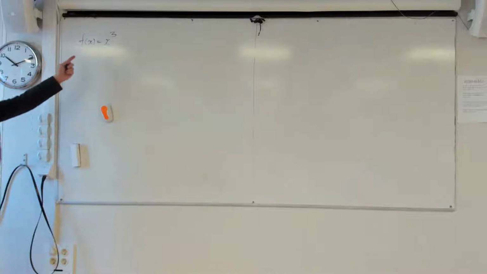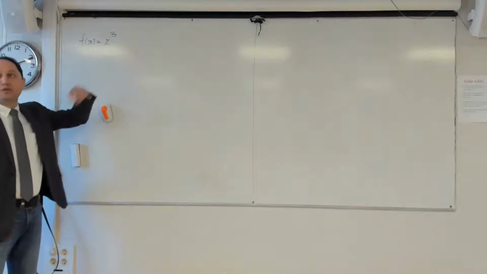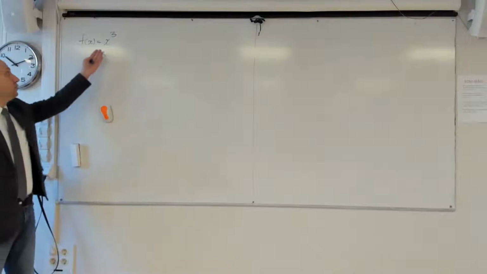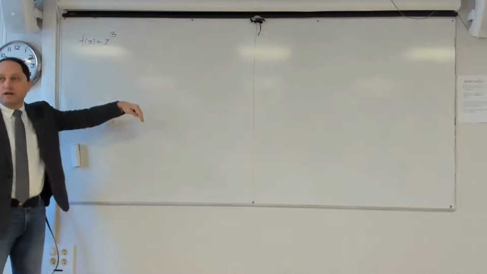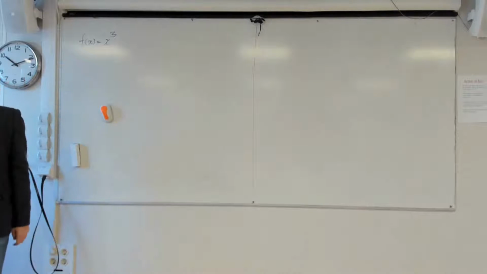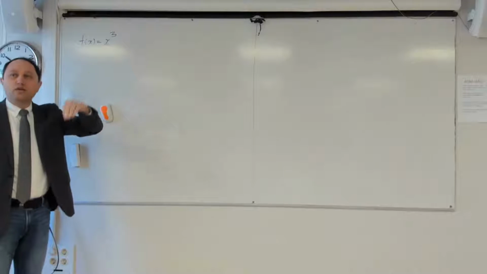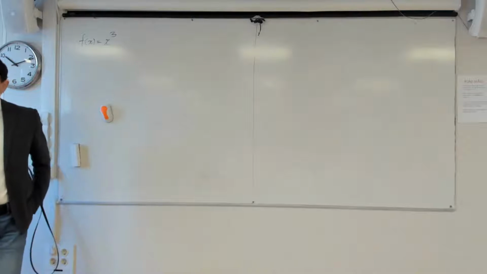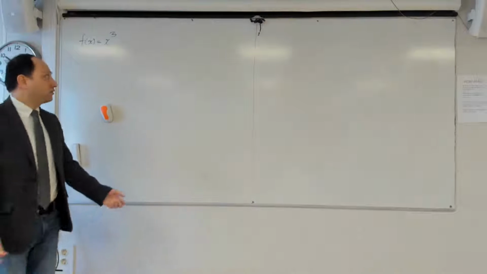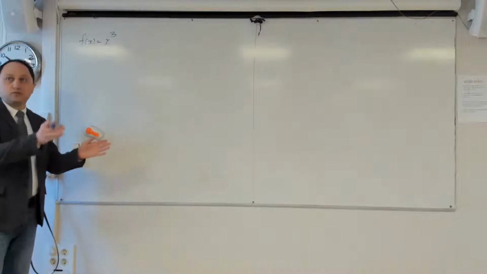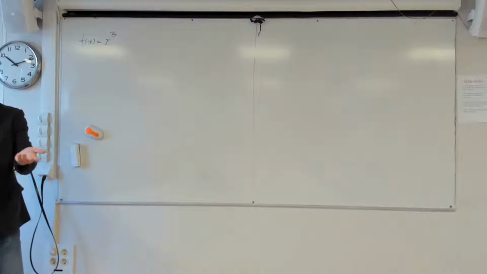So the idea of increasing or decreasing is very simple. You increase the value of x, the function increases. This is an increasing function. If you increase the value of x, the function goes down. The value of the function becomes smaller and smaller. That function is decreasing. If a function is decreasing or increasing, it's called a monotone function. Okay? And of course, it might happen that the function is increasing on one interval, decreasing on the other interval, which is most of the time.